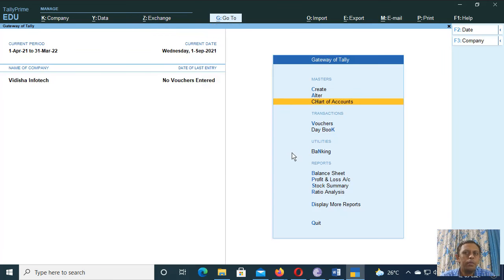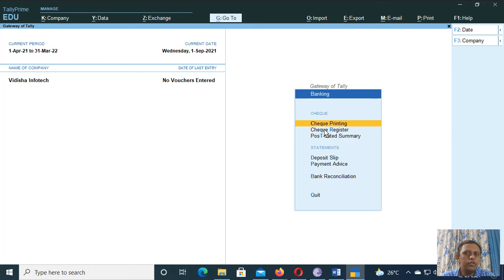Now coming to the banking section. In the banking section we deal with cheque printing, cheque register, post dated summary of the cheque, then deposit slip, payment advice, and bank reconciliation. So this thing we will be learning further when we come to the banking part.